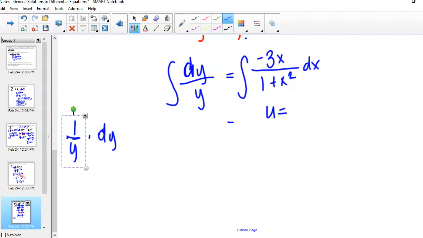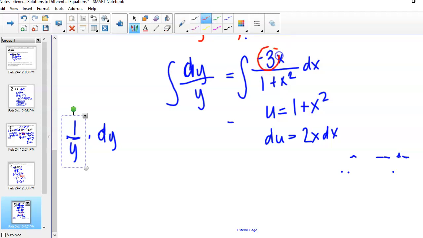So u on this right-hand side is going to be 1 plus x squared. And that means that du is going to be 2x dx. Well, here I have this negative 3 that's kind of in the way, so I'm just going to pull that negative 3 out front. And I'm going to add the 2 that I need right there. But if I add the 2, then that means I have to multiply out front by 1/2.